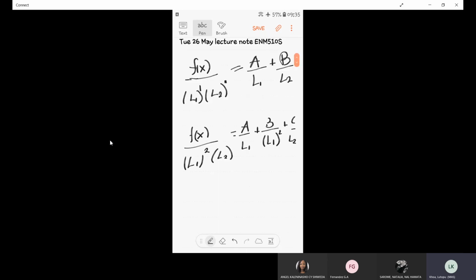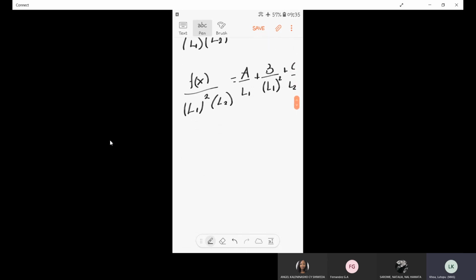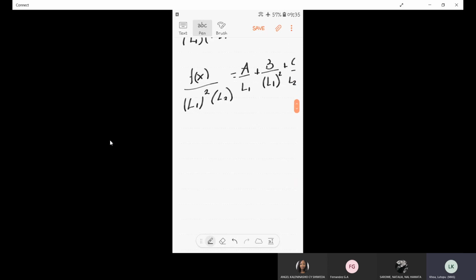And then when you have not repeated, when you have an irreducible quadratic, so for example you have f of x, and then here let me just say this is x plus 1, and here I have x squared plus 1. Now even if it's squared over here, the procedure is still the same.